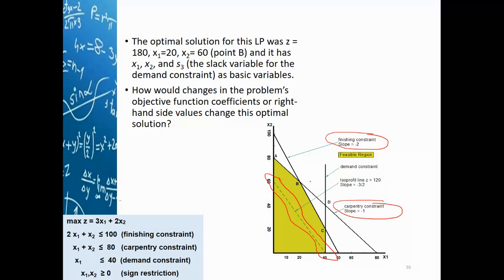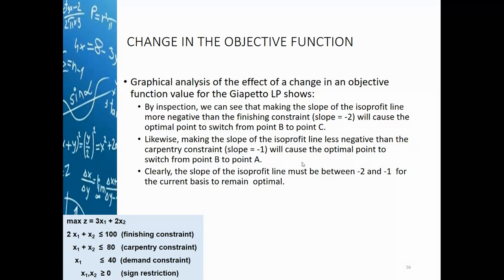In this case, the slope of your finishing line is -2, and the slope of the carpentry constraint is -1. The slope of the iso-profit line must be in between these two slopes. It makes sense, doesn't it?